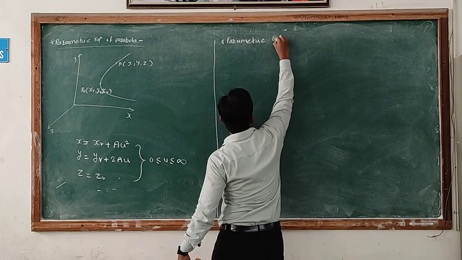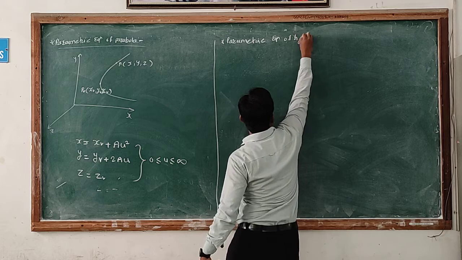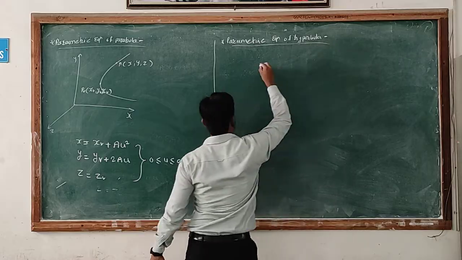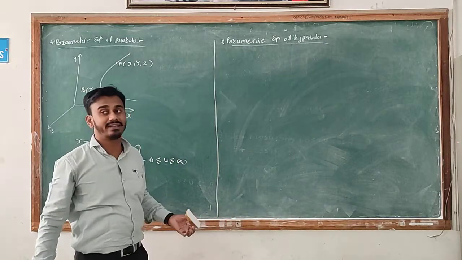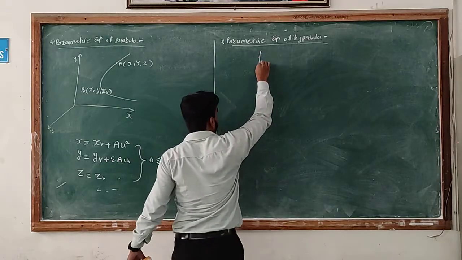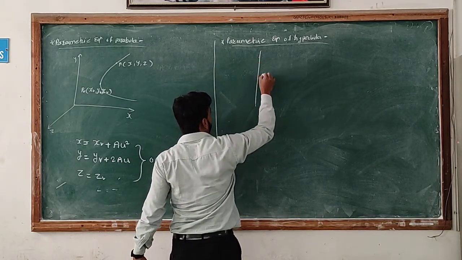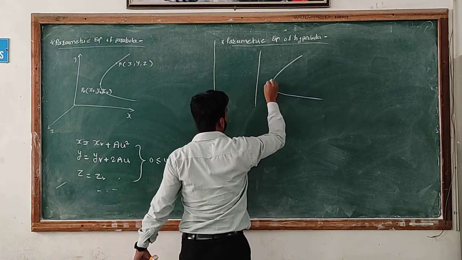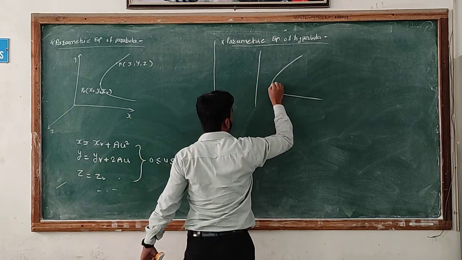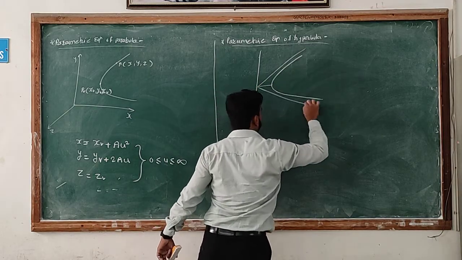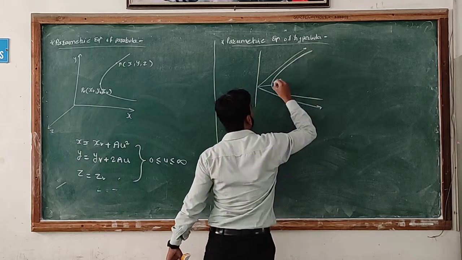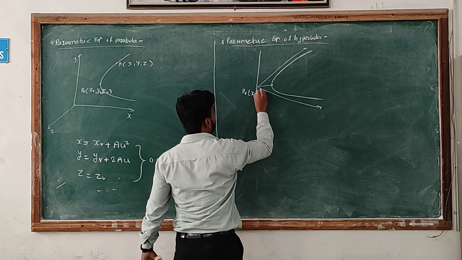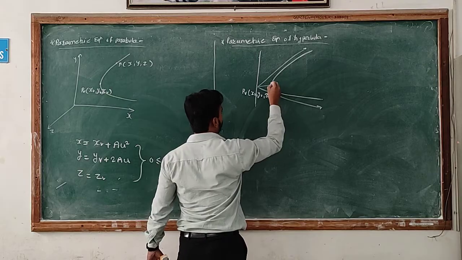Similarly, we need to write the parametric equation of the hyperbola. So hyperbola is also a conic. Suppose this is the hyperbola, and this is the asymptotes of the hyperbola. Here is our PV, xv, yv and zv.